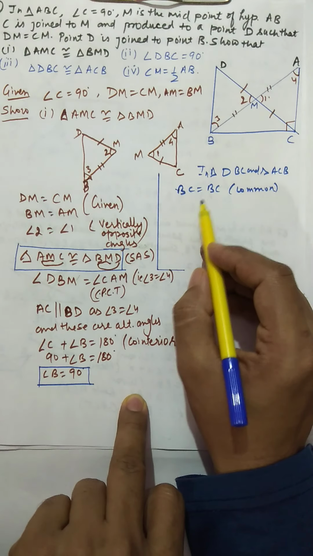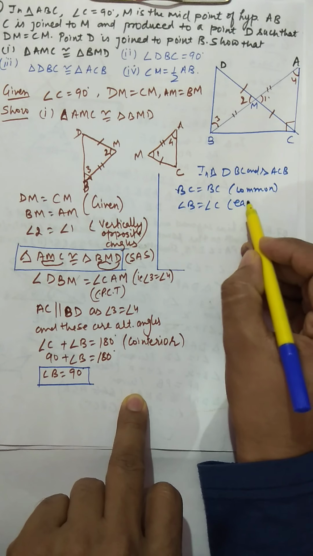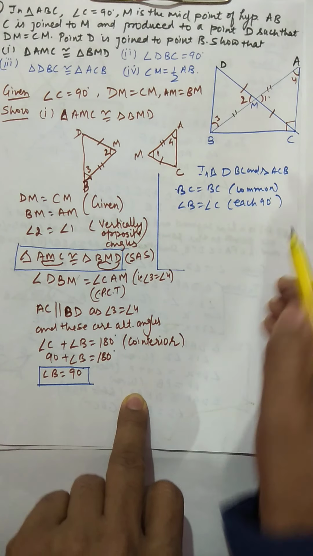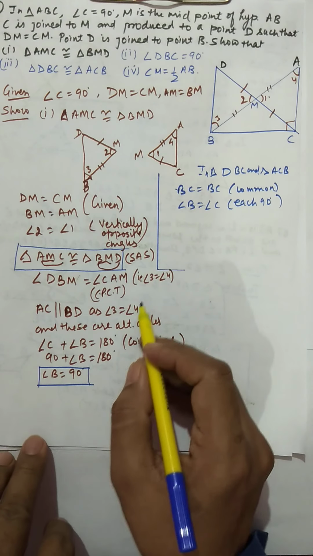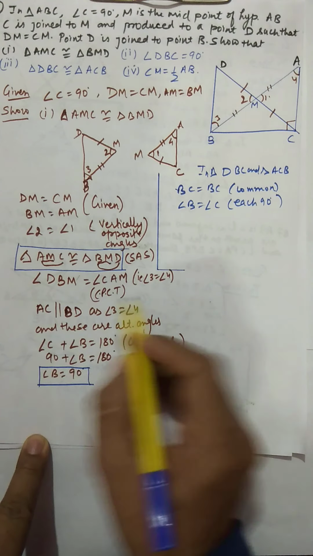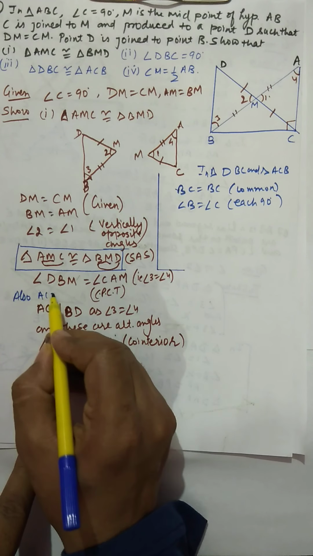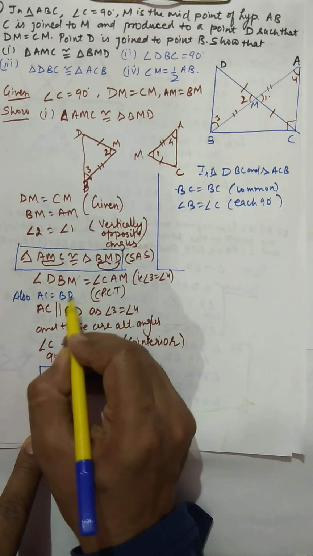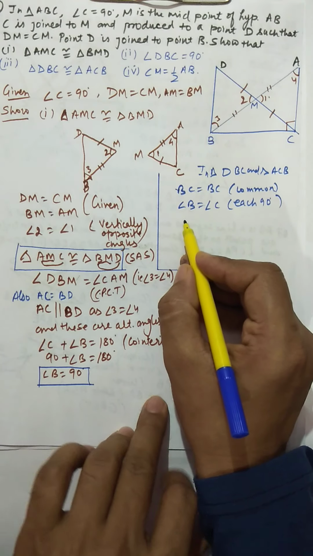Further, you can write angle B is equal to angle C, each 90 degrees, as we have shown. And one more piece of information that we can draw from here is that AC is equal to BD, which you can write by CPCT. So that information will be used here.